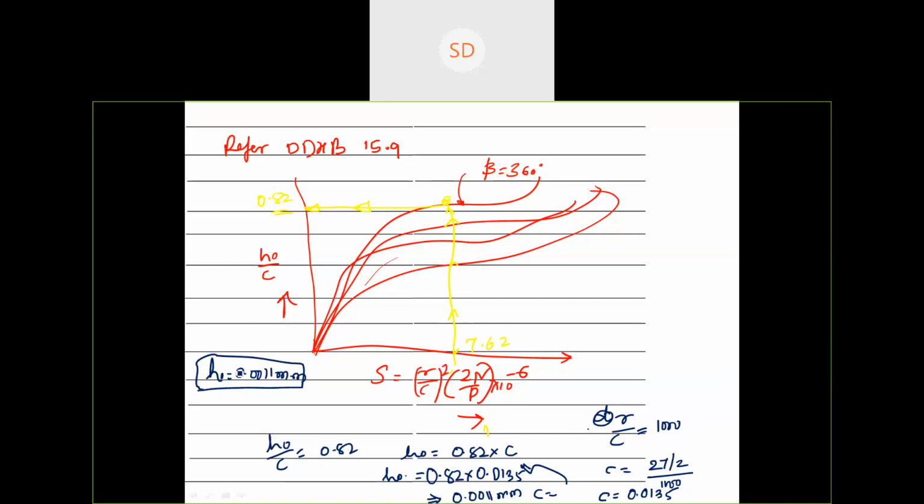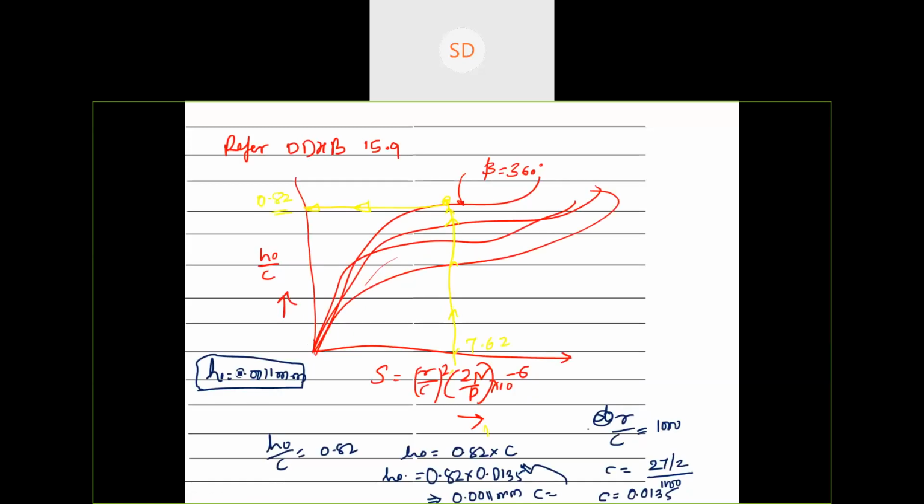Okay. Right. So what is the next bit? I think all requirements are over. Flow rate of oil, right?